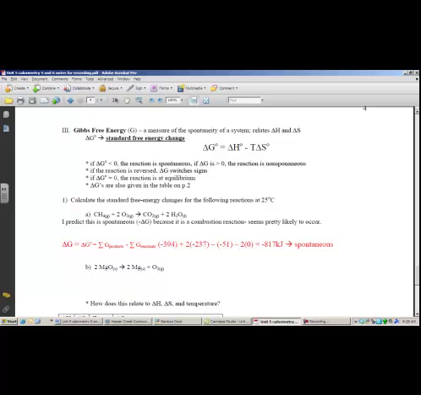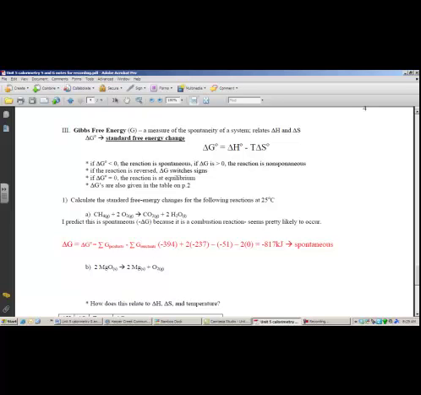So we have to consider, for calculating this value G, or Gibbs free energy, we have to have enthalpy, heat energy, we have to have the temperature conditions, and we have to have the change in entropy for that reaction.